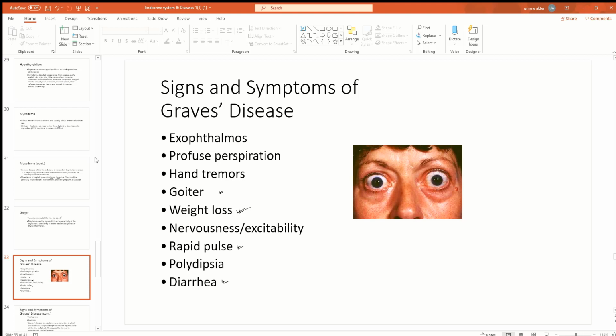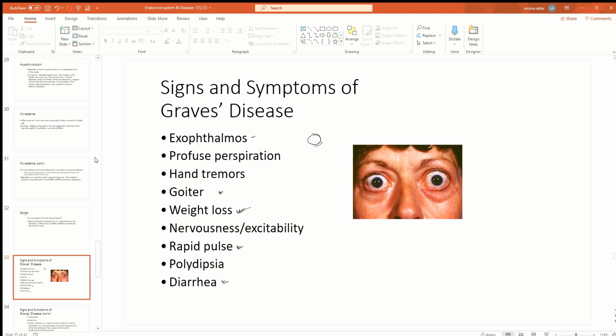Other symptoms, one is called exophthalmos. Exophthalmos is enlargement of, like, you will see the patient's eyeballs are protruded, like coming out. Why does that happen? That happens due to accumulation of fat behind the eyeball. So this is your eyeball here, and you know that the eyeball is located inside the bony socket, right?